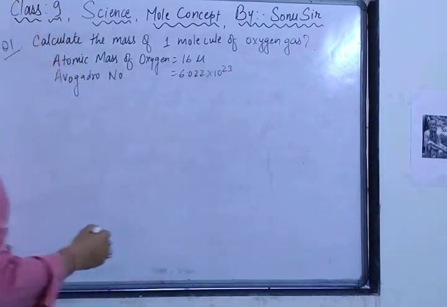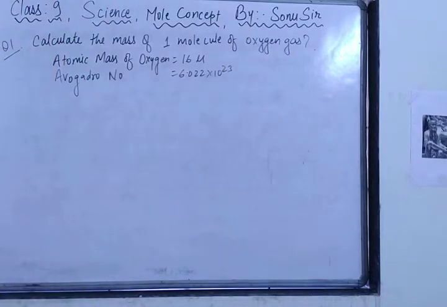As you get both these things, then you can solve it easily. Why? Because 1 mole of oxygen contains 6.022 into 10 to the power 23 molecules. Therefore, mass of 1 molecule is equal to molar mass upon Avogadro number.